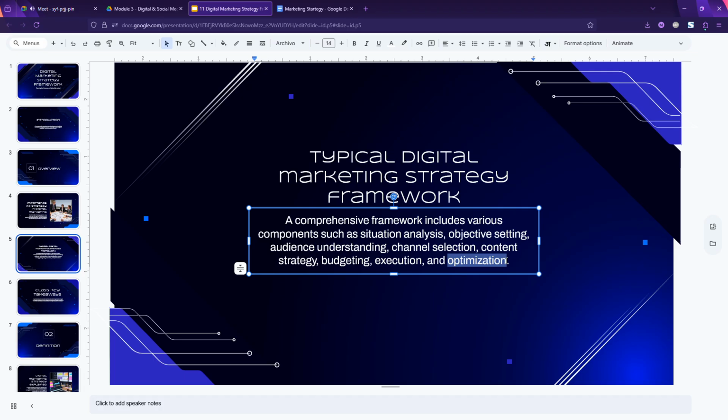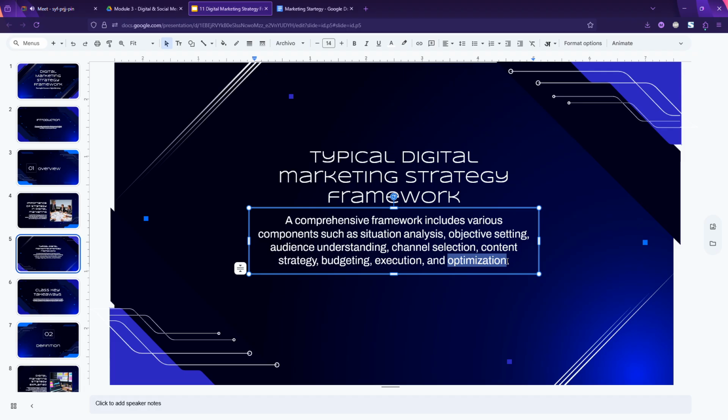But A/B testing is like this: for the same situation analysis, objective setting, audience understanding, and channel selection, we have two types of content, A and B. A/B testing is where we put both of them on the market and run both of those ads. Then for optimization, we keep checking the data analysis to see which one is performing better.